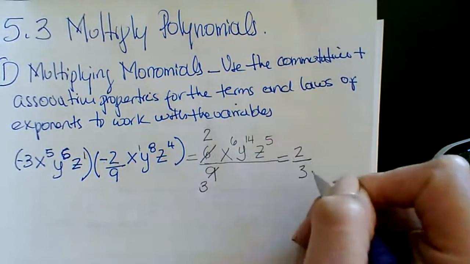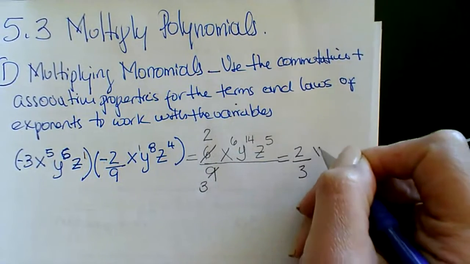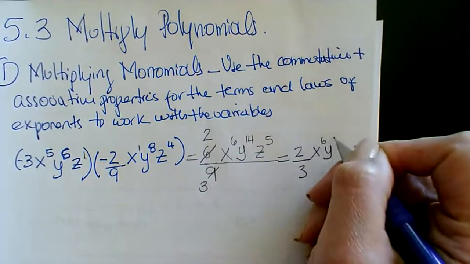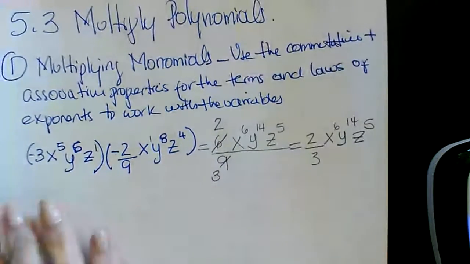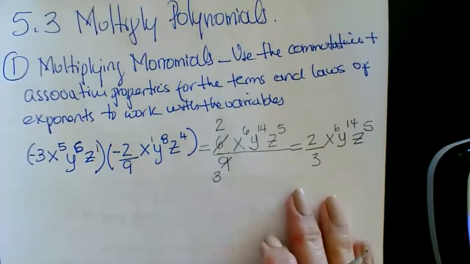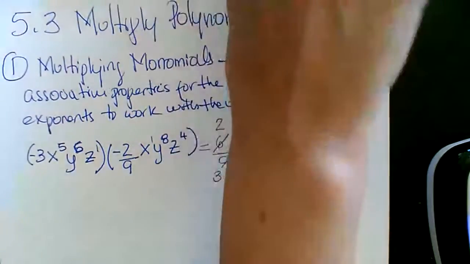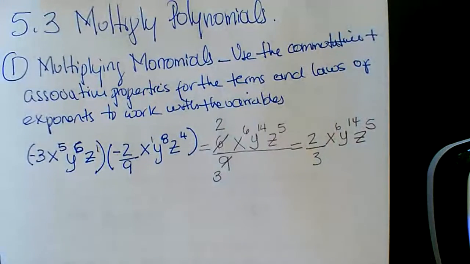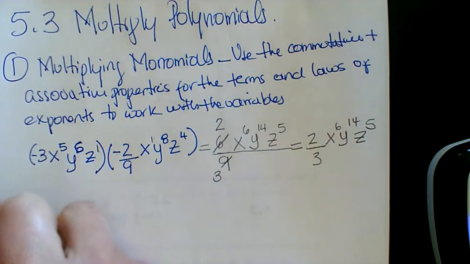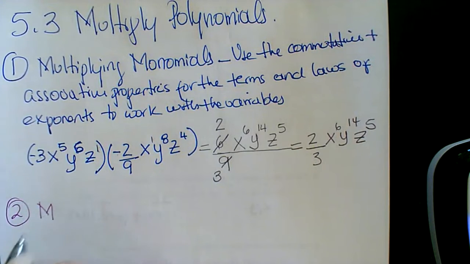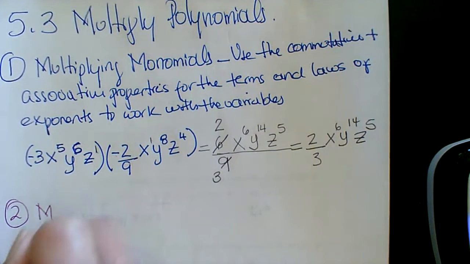So my answer is going to be 2/3 of x to the 6, y to the 14, and z to the 5. That's what I need to do when it's multiplying monomials. Now, multiplying a monomial and a polynomial.